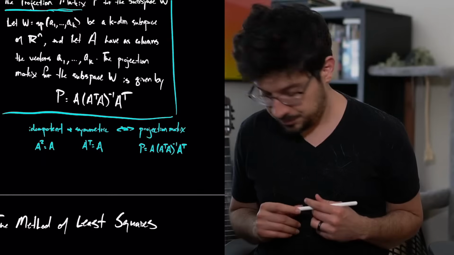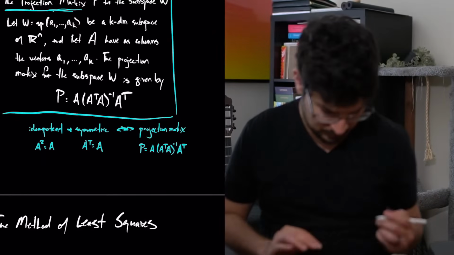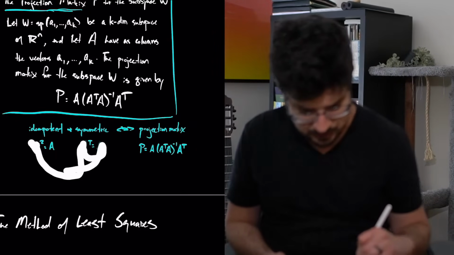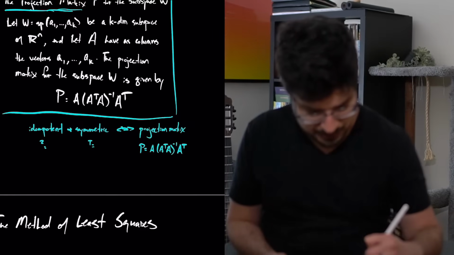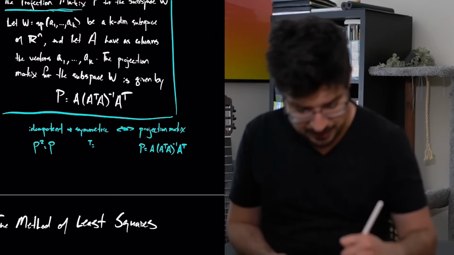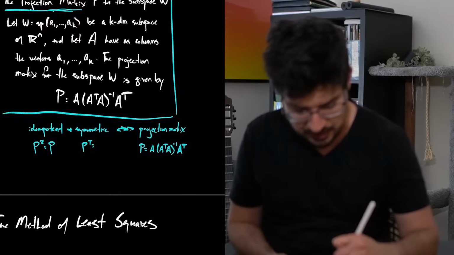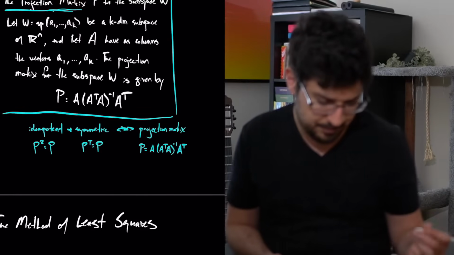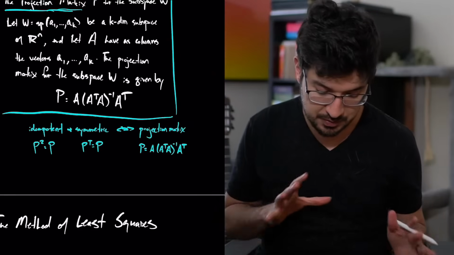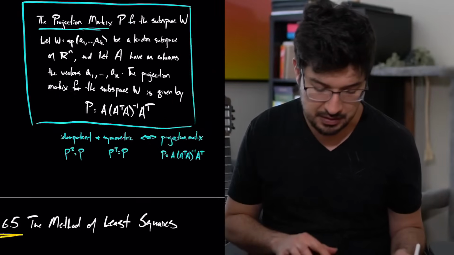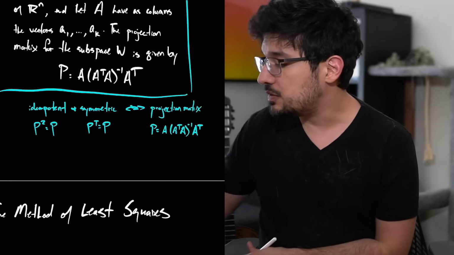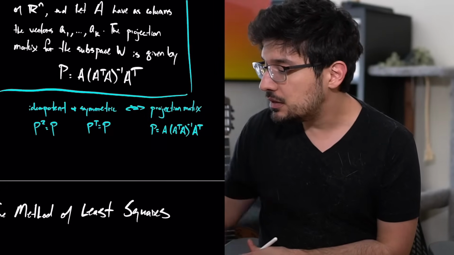That's important. So here, I want to lose the matrix A and write P, because the matrix A is different in the two different portions of this characterization.